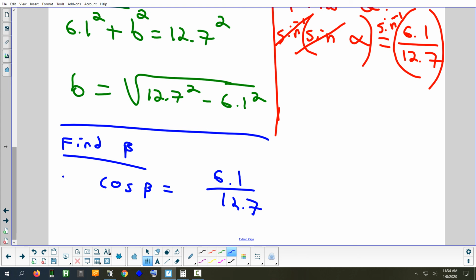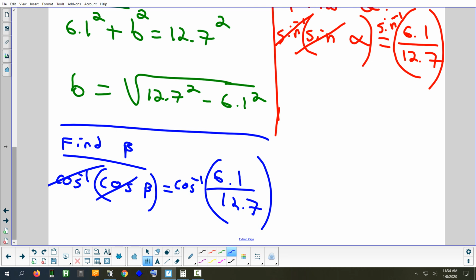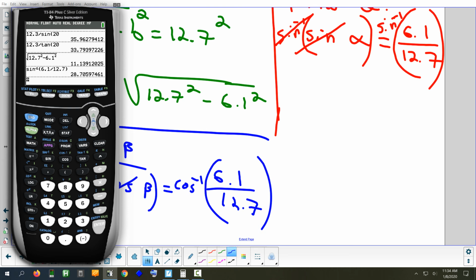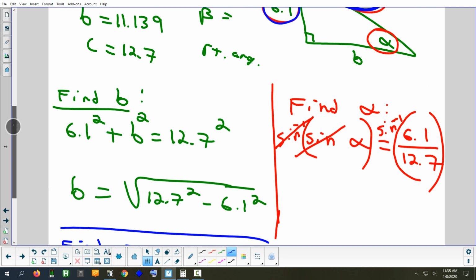Inverse. Yep. Take the inverse cosine. So beta is the inverse cosine of 6.1 over 12.7. So if you're using one of my calculators, you can just pull up the last thing you typed in and just change that one thing. I don't know if that's easier, but yeah. So you get an angle of 61.294.